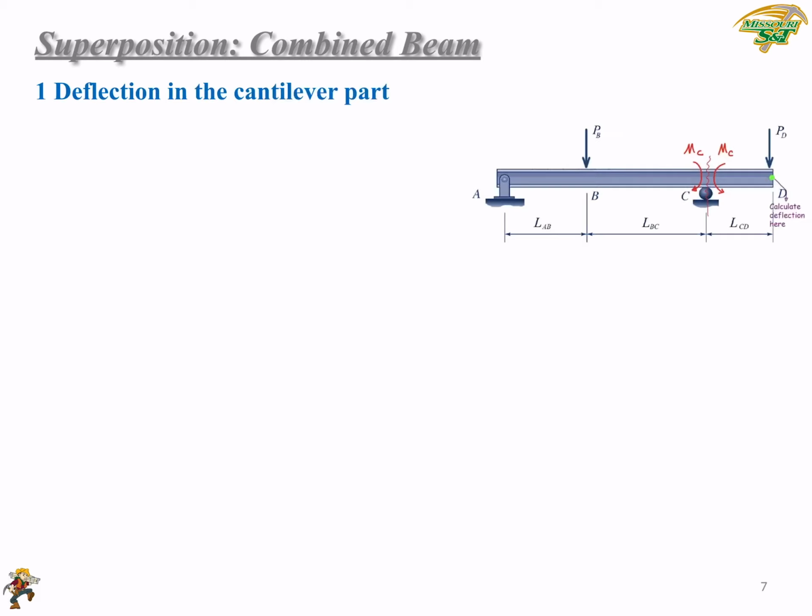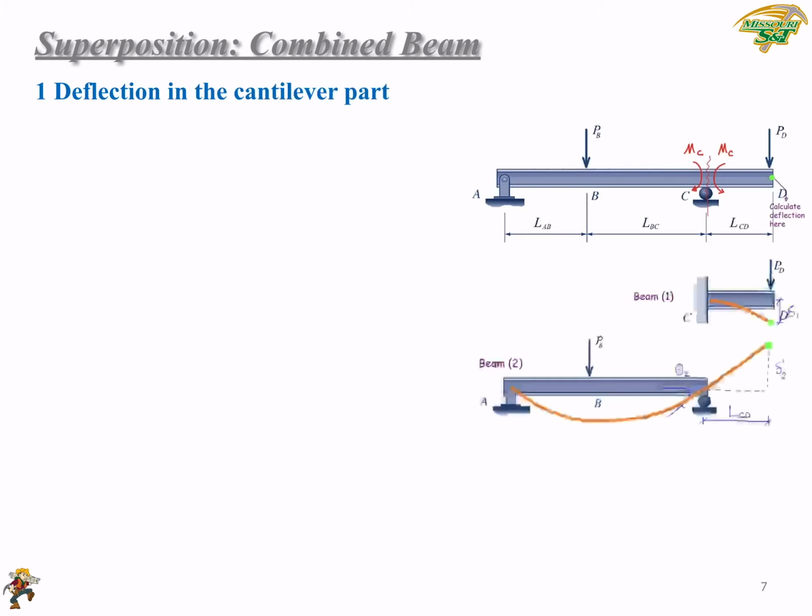So here's the summary. This is the same thing. Then you can split it and get a cantilever part. So you can calculate the first component, delta 1, based on a simple equation in the table. Then the second component considers the simply supported part and the concentrated load PB.